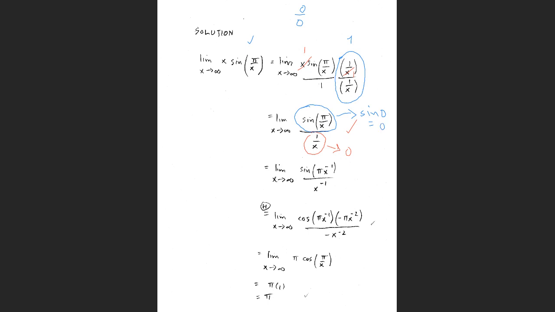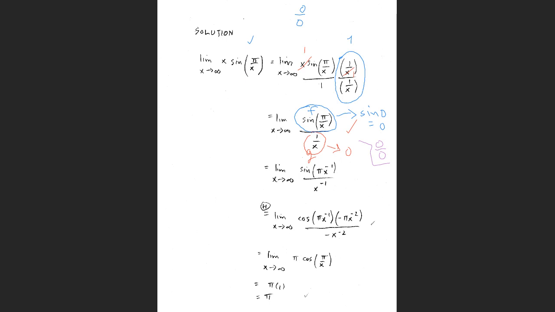So now you have a function f over a function g, and you have an indeterminate form of 0 over 0. And so now you are able to use L'Hopital's rule on this to try to find the limit. So it worked. Strategy worked.